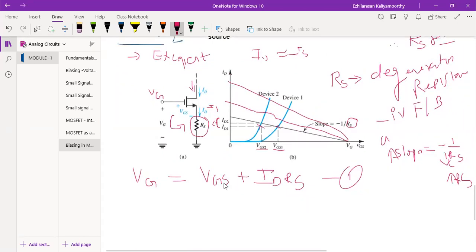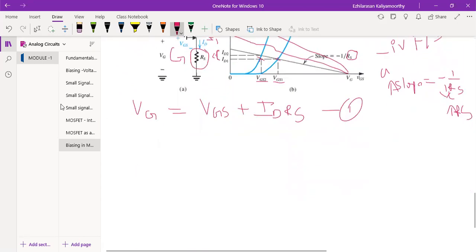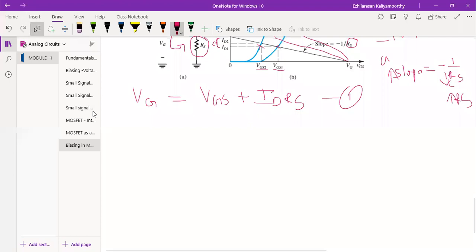So now here we have two cases. First, case one. Case one is if Vg is very much greater than VGS.